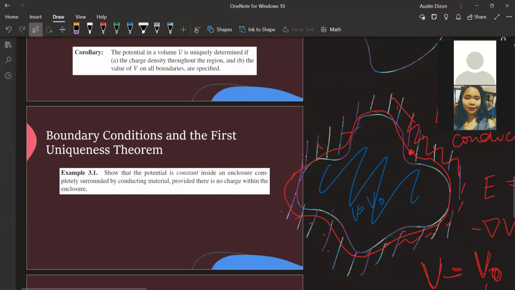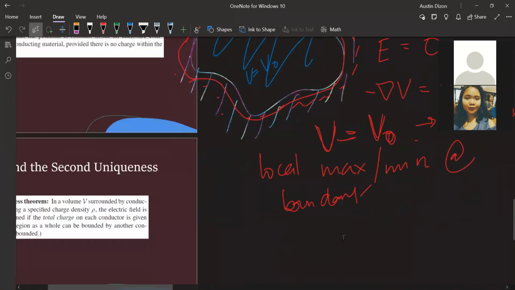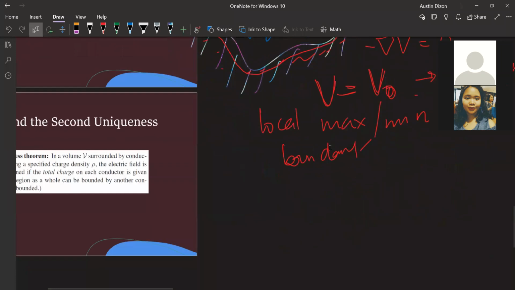Since at the boundaries the potential is already constant, by the uniqueness theorem, it must also be constant inside. Okay? Again, because your local minimum and maximum can only be found at the boundary. Okay?